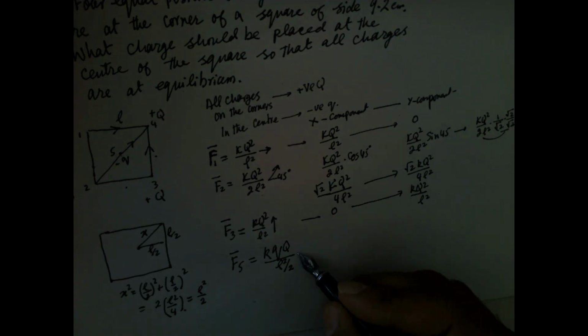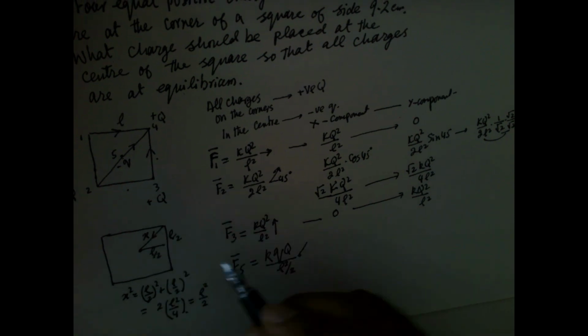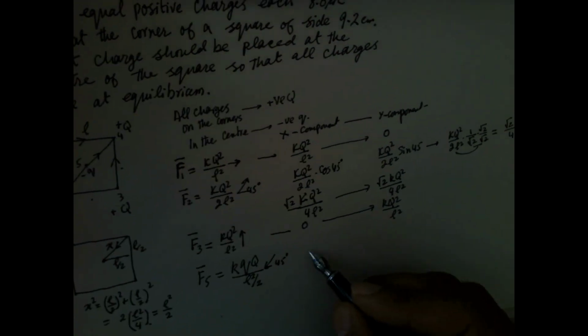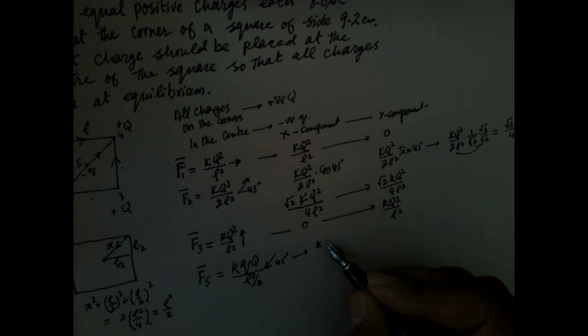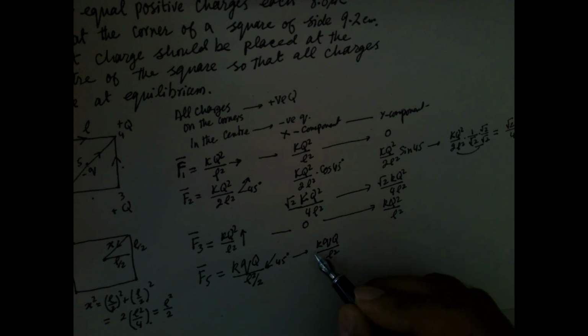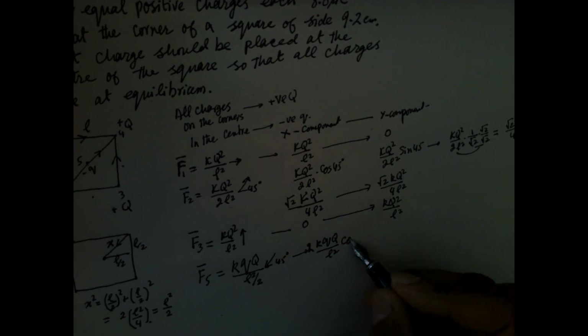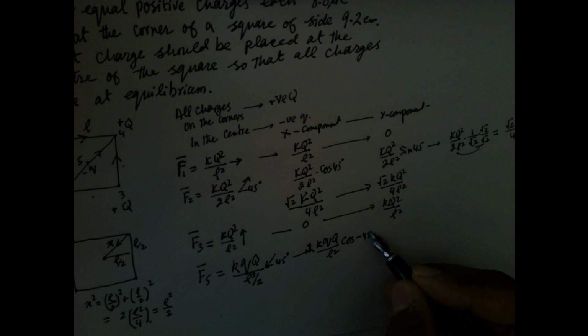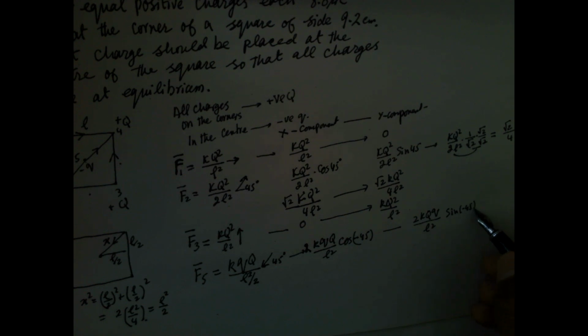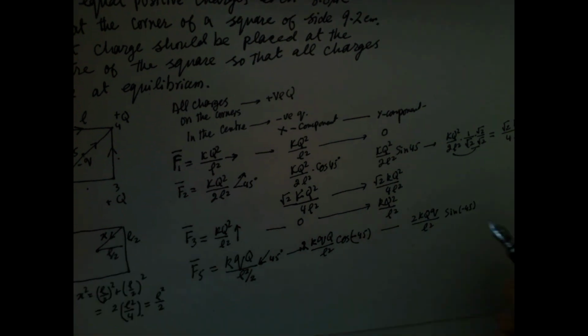And it is at a negative angle. It will be downward because it's negative, so negative 45 degrees. So it is 2kqQ over L squared times cos of minus 45, and similarly 2kqQ over L squared times sin of minus 45. Both x and y are negative.